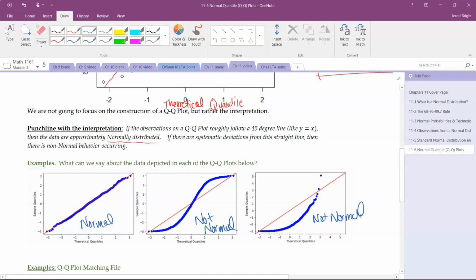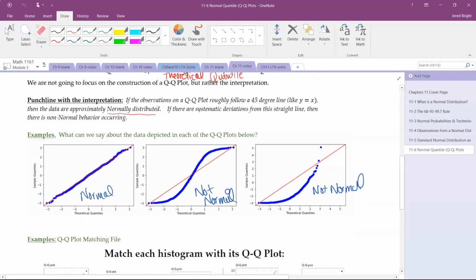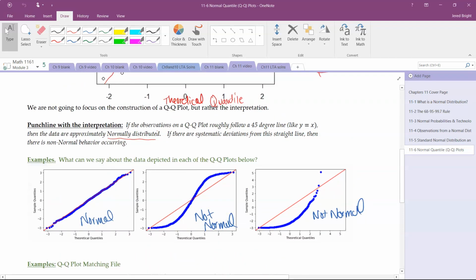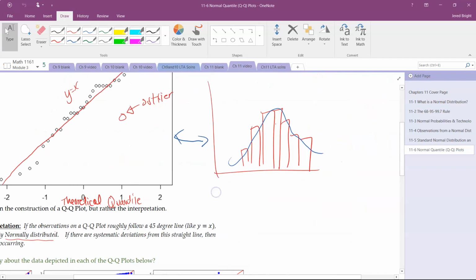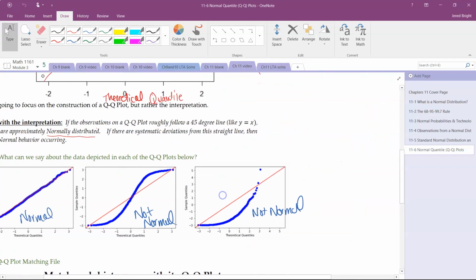Now, if you were to envision the histograms that match each one of these, it's kind of interesting to think about. The first one, normal, would look something like that. For the second one, think of this as the tipping point and kind of the mean. I'm just going to draw a little teeny tiny sketch.